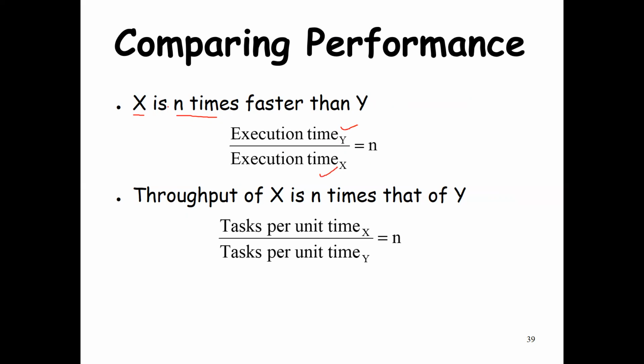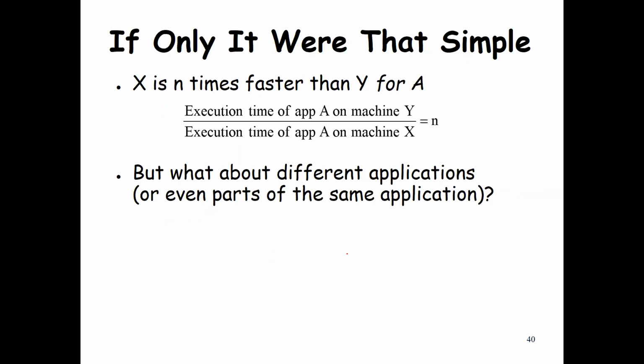In that case, we can say that X is n times faster than Y. Or if you want to measure in terms of throughput, throughput represents the amount of tasks completed in a unit time. The throughput of X is n times that of Y if tasks per unit time of X by tasks per unit time of Y is equal to n, right?